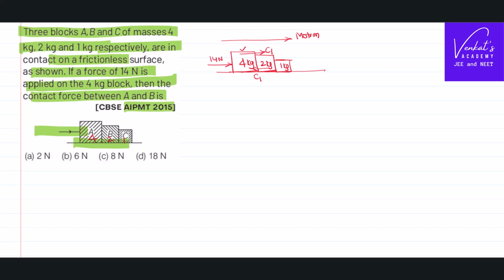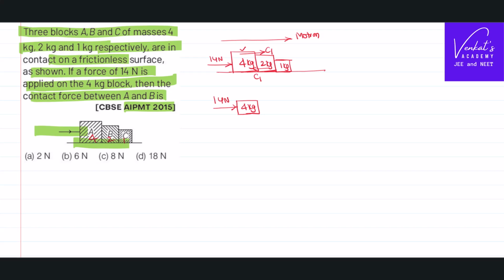So if you try to draw a free body diagram for the 4 kilogram body, what are the forces acting on it? When drawing a free body diagram, be aware that we always consider the forces acting on the body. We never consider the forces applied by the body. So 14 Newton is acting on this 4 kilogram.